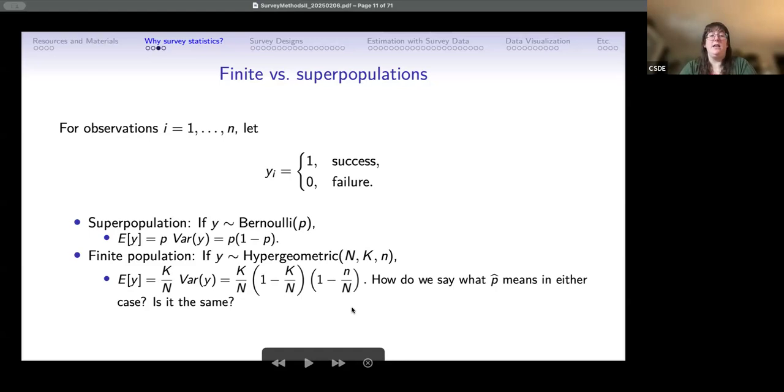We're estimating one realization, if you will, of a population under a Bernoulli process. So that's philosophically how people might think about these differently and why survey statistics are different from other frequentist statistics. Mathematically, you can see that we would lose something by not acknowledging the finite population in many cases when this term is not close to 1.